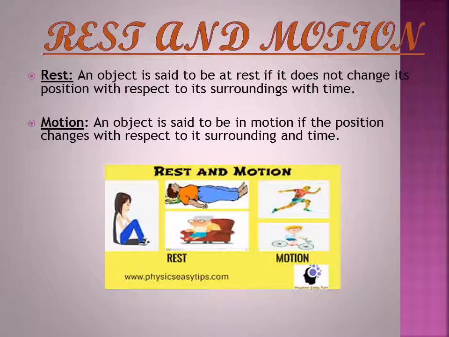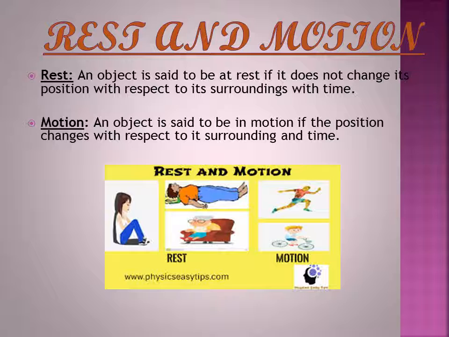An object is said to be at rest if it does not change its position with respect to its surrounding and time. Similarly, an object is said to be in motion if its position changes with respect to its surrounding and time, as we discussed earlier.